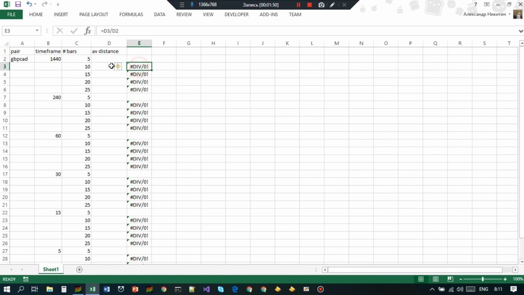I will also divide the next swing by the previous one to find the ratio between them, which will give me some clues if changing the number of bars leads to changing the size of the swing.